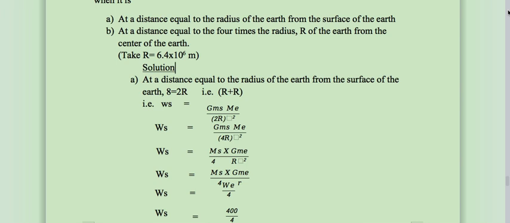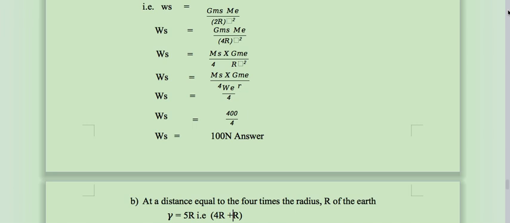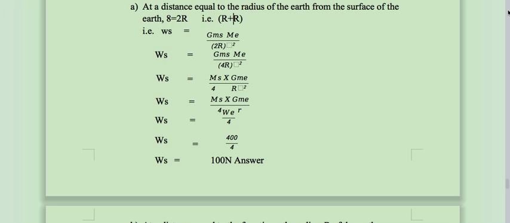Solution. Let's solve the first one. At a distance equal to the radius of the Earth from the surface of the Earth, the distance is R plus R, that means 2R.